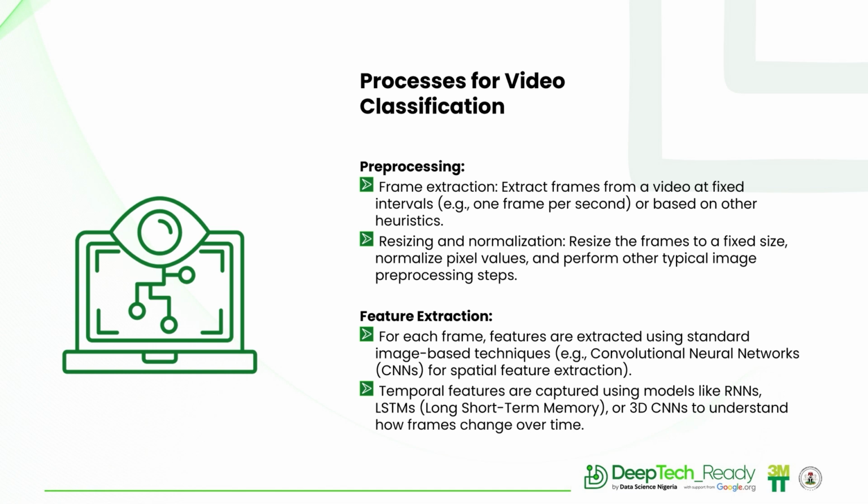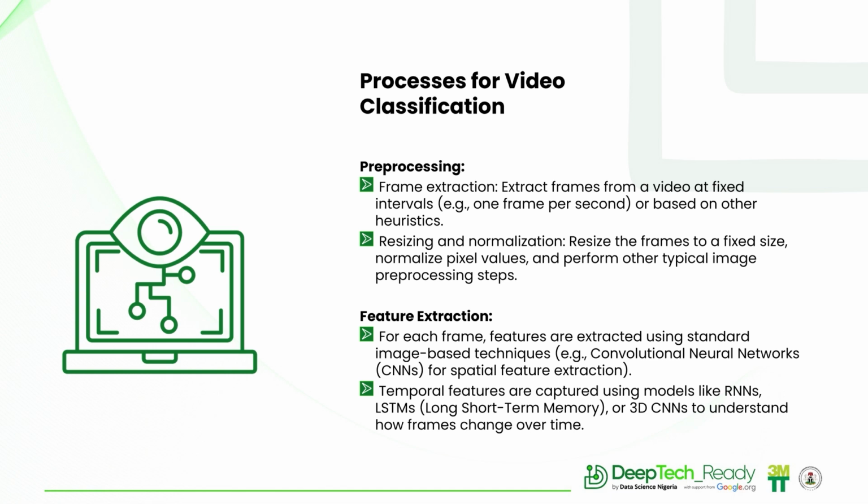All right. Next on the list is feature extraction. So when we're talking about the processes involved in video classification, we talk about feature extraction. What exactly are we doing? For each frame, features are extracted using standard image-based techniques like convolutional neural networks for spatial feature extraction.